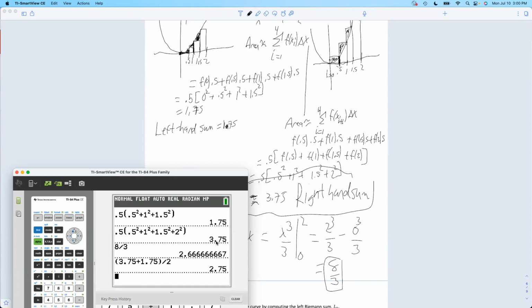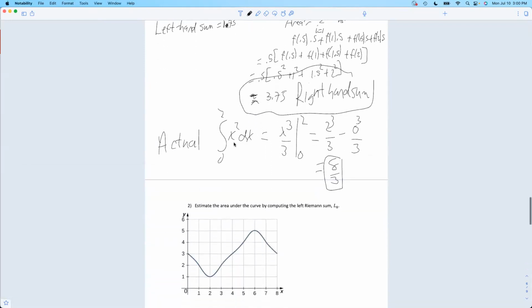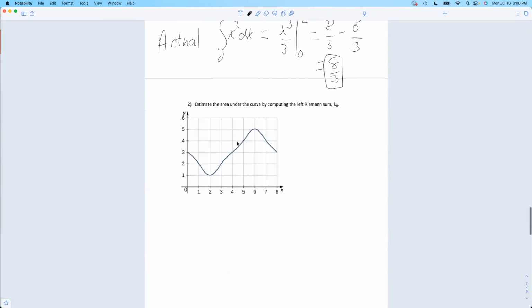Now, later in Calculus 2, you're going to learn even better approximation techniques. One's called the trapezoid rule. One's called Simpson's rule. There's the midpoint rule. There are a bunch of different ways to build these Riemann sums. We're just learning the basics here, left-hand and right-hand sums. And again, in the real world, this is what we use.